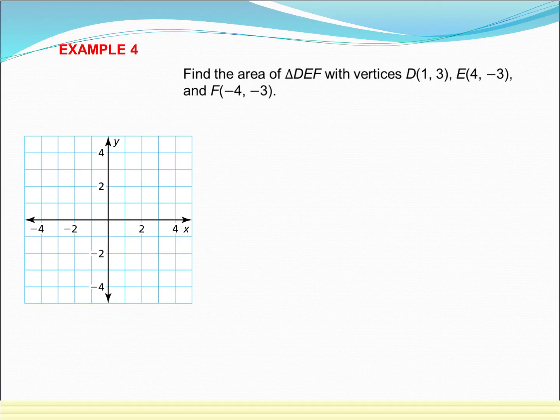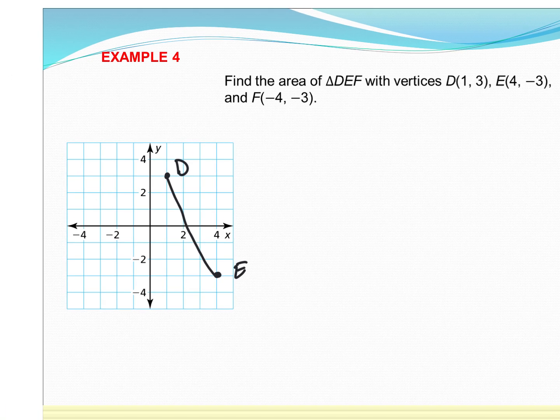It says find the area of triangle DEF with these vertices. So go ahead and graph them. You're going to get D at 1, 3. E is 4, negative 3. Connecting my dots.